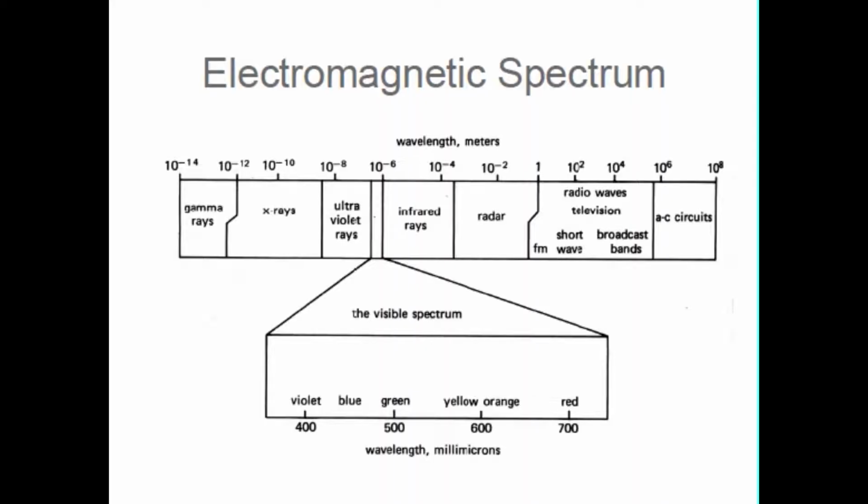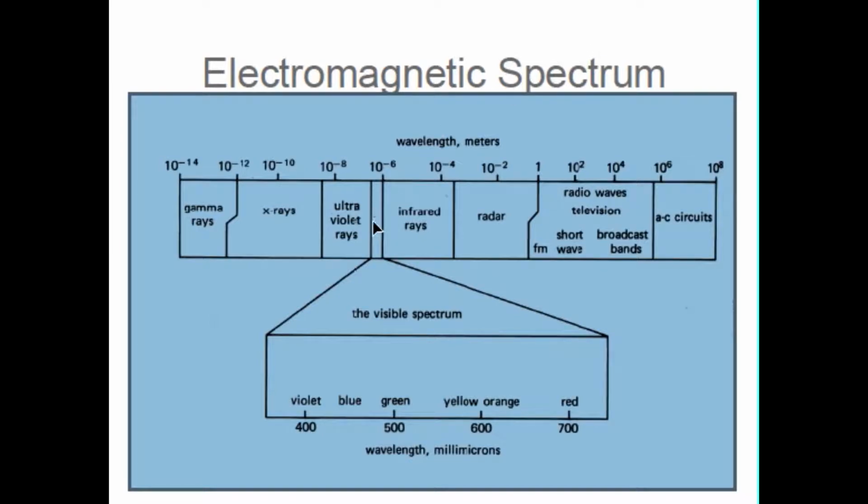Light, if you're aware of physics, is part of the electromagnetic spectrum, so it is energy. It's part of the energy spectrum. In this diagram, you can see that what we see in terms of light is a very small bandwidth in this entire bandwidth of various types of energy, from gamma rays to radio waves.